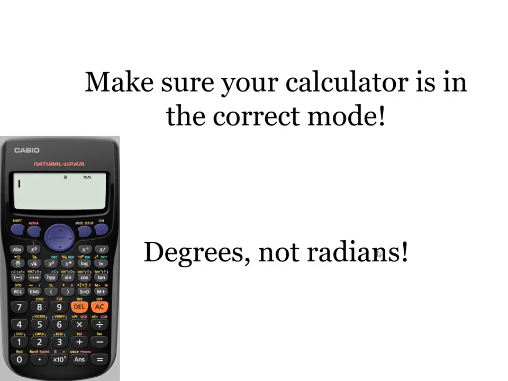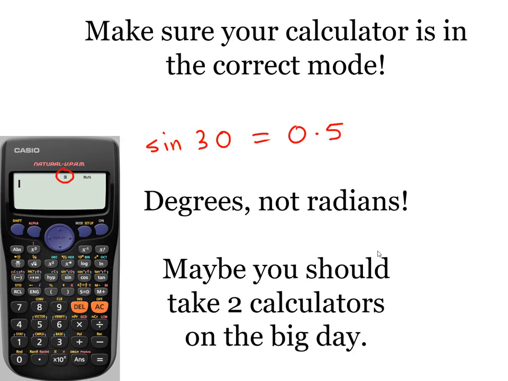Before every exam, don't forget to check that your calculator is in degrees mode, not radians or some other thing. Simple way to check is to look for a D or a DEG in the window of your calculator.